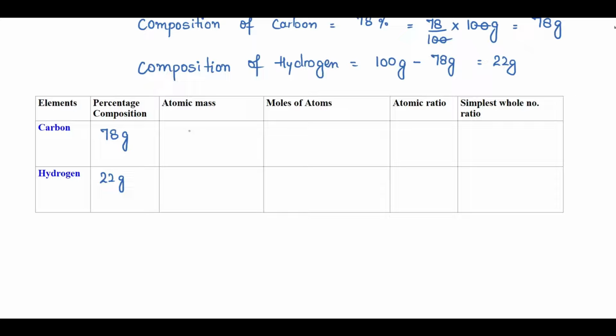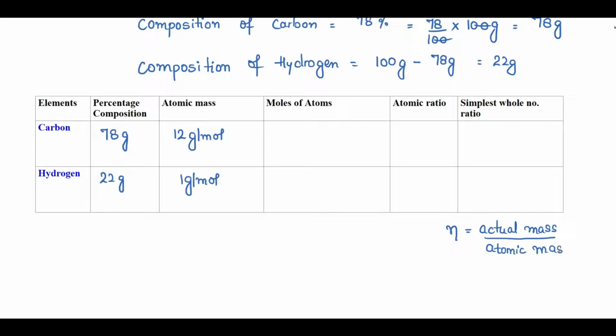Now the atomic mass of carbon is 12 gram per mole and the atomic mass of hydrogen is 1 gram per mole. Now to find the number of moles, we will apply a formula. According to this, the number of moles is represented by small n and it will be the actual mass of the element divided by the atomic mass, or you can call it atomic weight also.